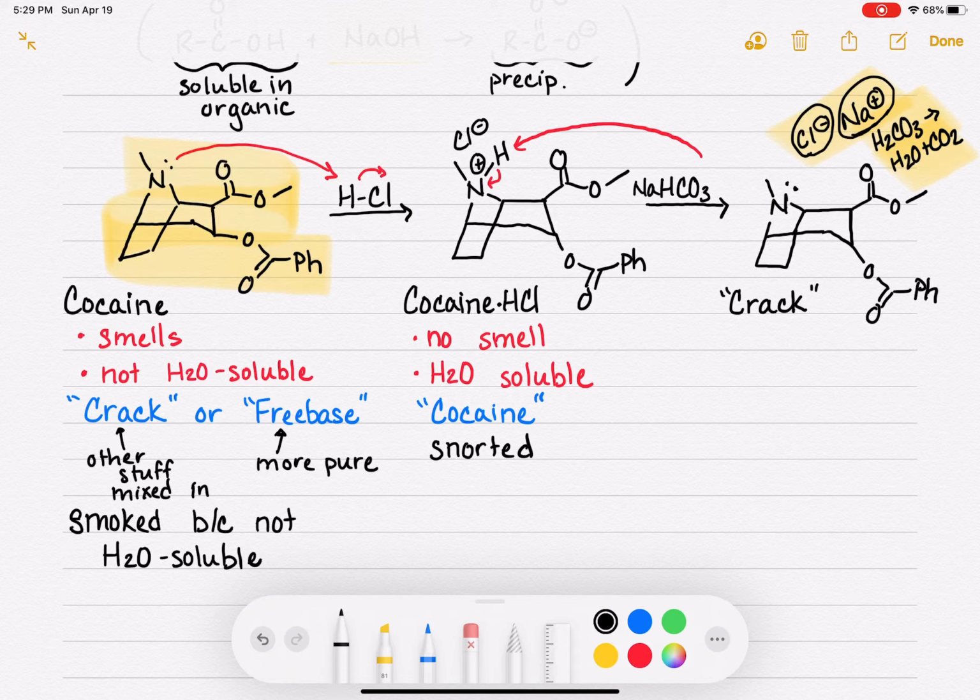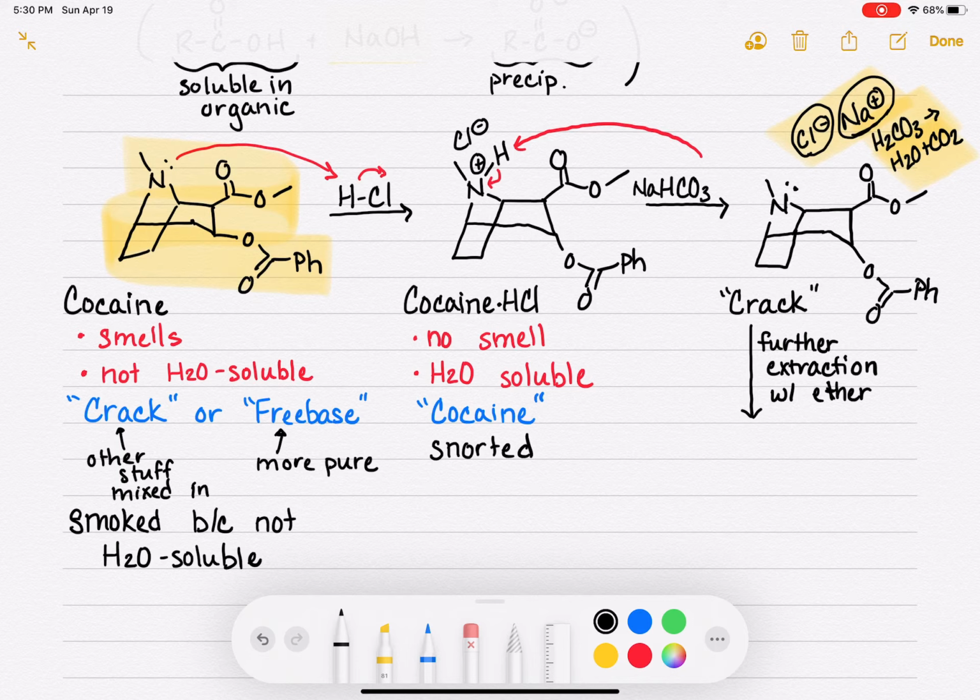So some people will further purify their crack with a solvent extraction. They'll just mix the crack mixture together with ether or some sort of organic. This would be like stuff you've done in the lab using a SEP funnel. You could just take your crack, maybe put a little bit of water in there so that you're going to have a good organic/aqueous separation.